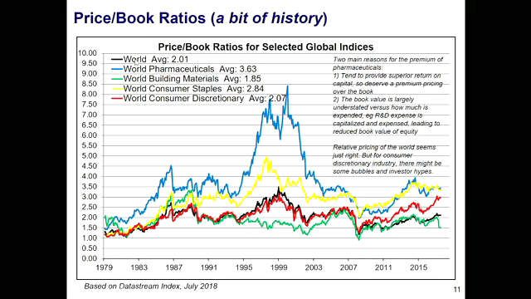So let's have a look at the world average. The long-term average from the 1970s, that's a very long-term view, 40 to 50 years, is at this line here, the black line, about 2 times.